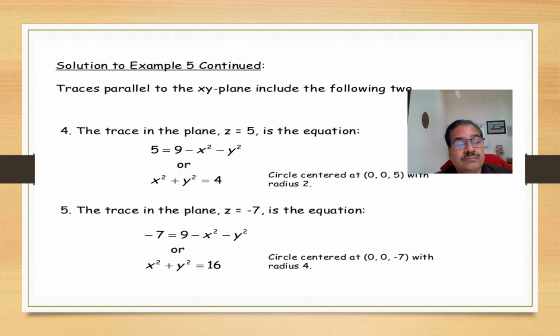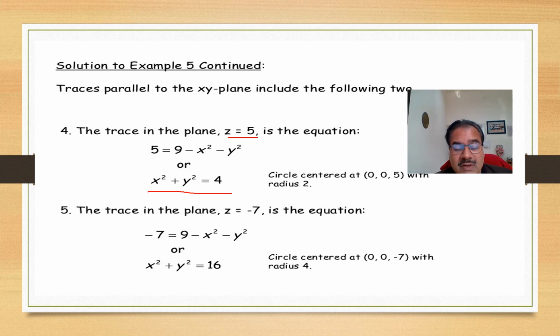The trace in the xz plane has y equal to 0, and of course this is also a parabola. Similarly, the traces parallel to the xy plane include the following two. The trace of the plane z equal to 5 you can derive from here: x square plus y square equal to 4, a circle centered at 0, 0, 5 with radius 2.